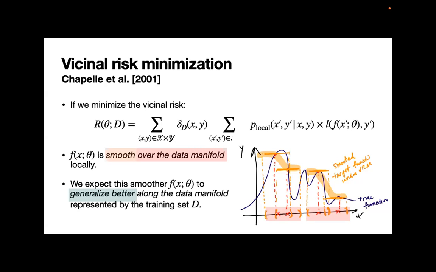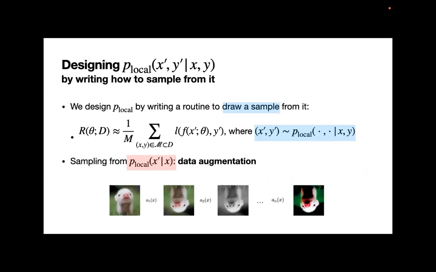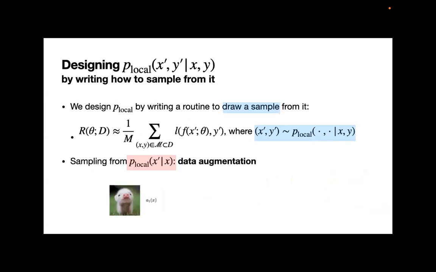This is why we want to do vicinal risk minimization, and this is what we do when we say we want to do data augmentation. Unfortunately, almost never can we write the actual distribution in analytical form, in a high dimensional space in particular. So instead, we simply write how to sample from this local distribution.